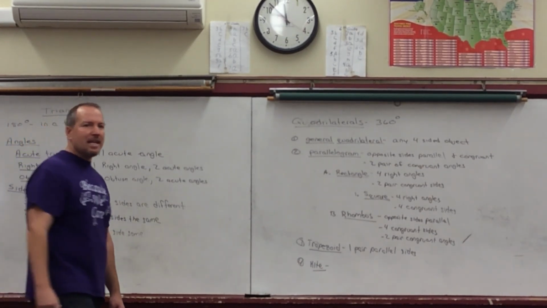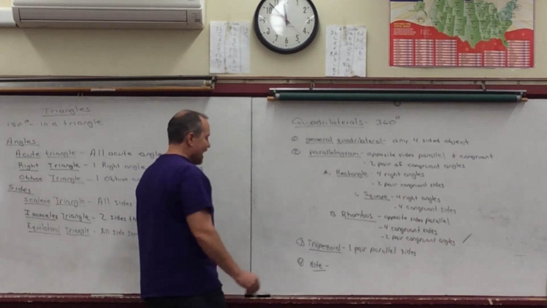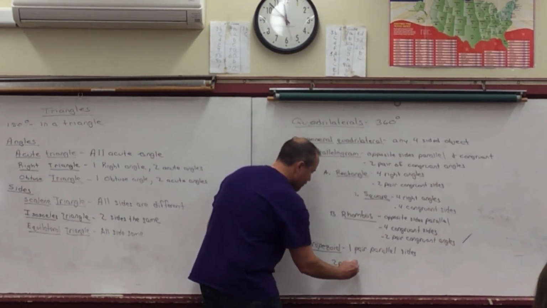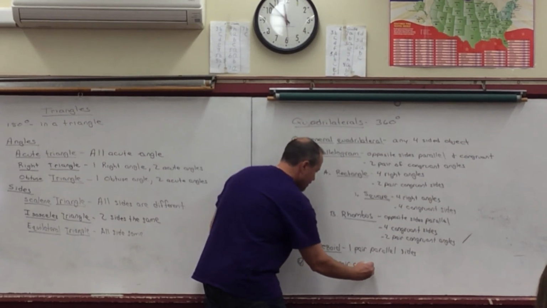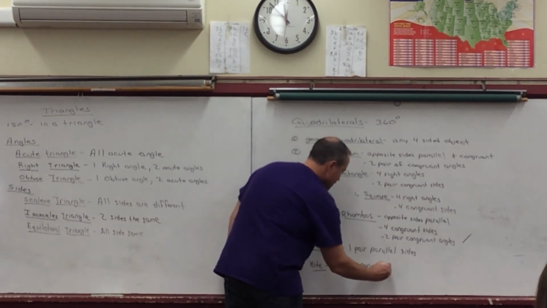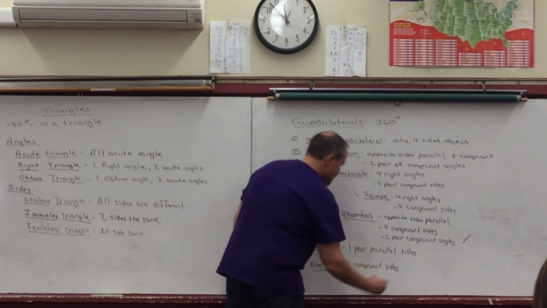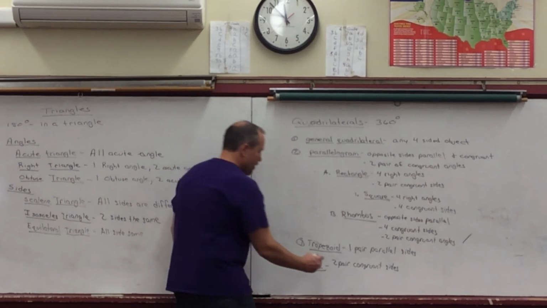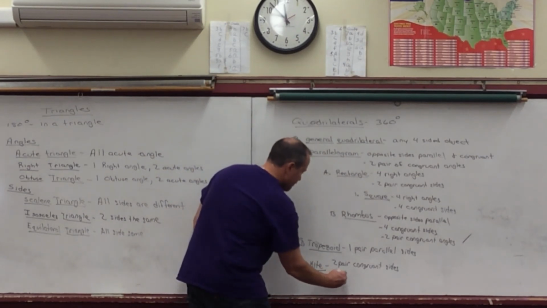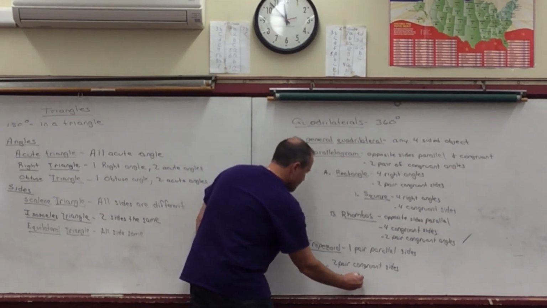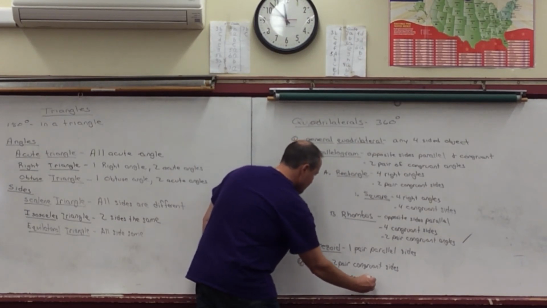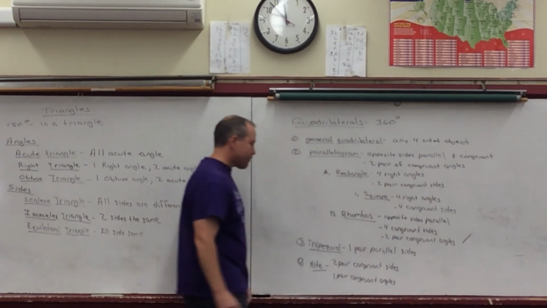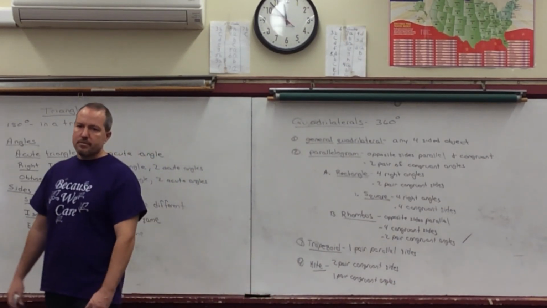For an object to be a kite, it has to have 2 pair of congruent sides and only 1 pair of congruent angles.